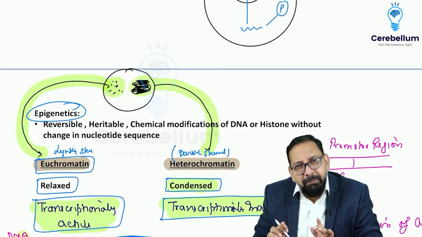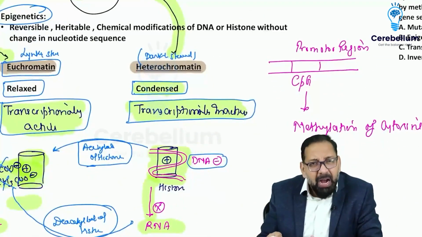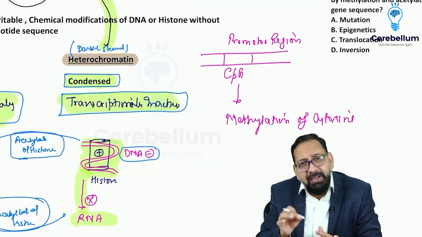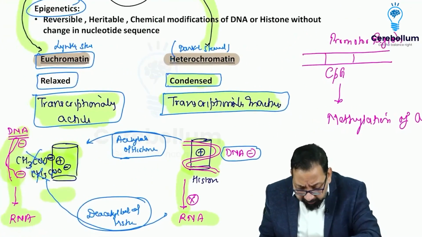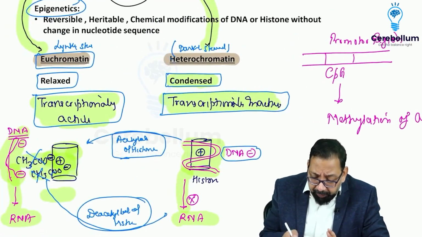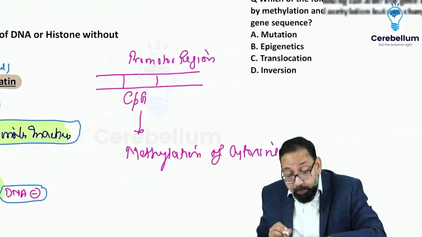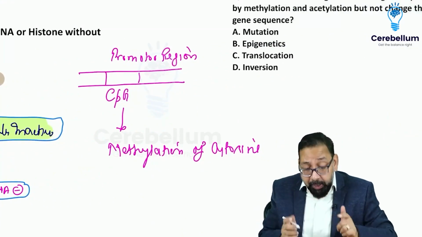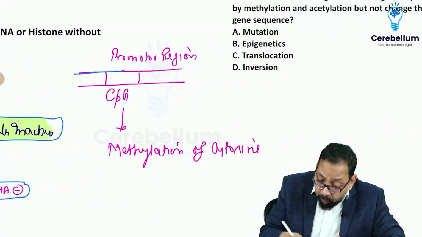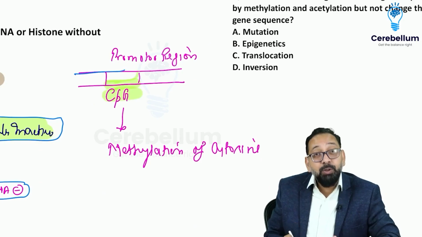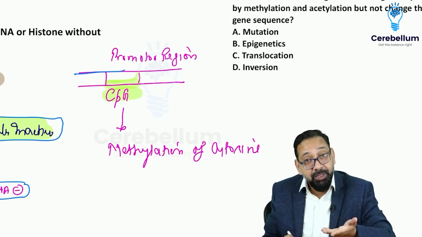We found that we can regulate this RNA synthesis, means transcription, by modification at DNA level. At this time, I told you modification of histone. Now I will discuss modification of DNA. In DNA, this is promoter region. On this promoter region, there is CpG or CG rich area, cytosine rich area.